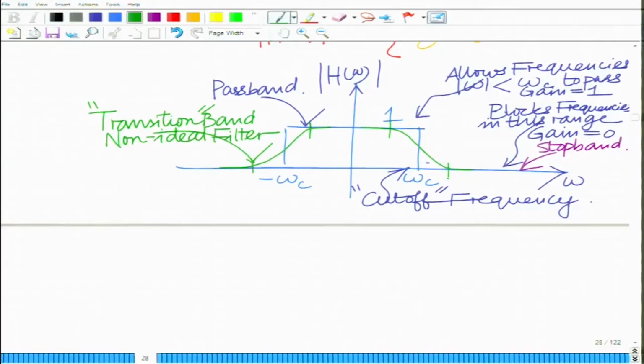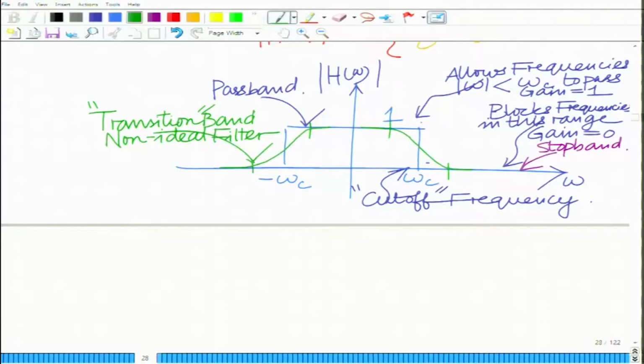You can call this a transition band in a non-ideal filter. We would like to design filters which are as close to ideal as possible, which means the cutoff is as sharp as possible and the transition band is as small as possible.